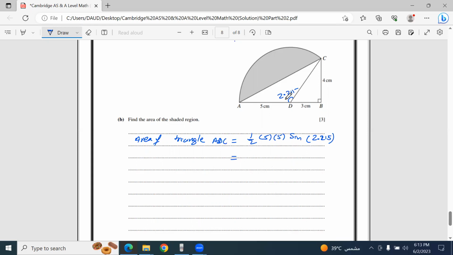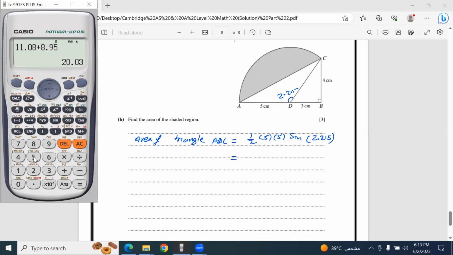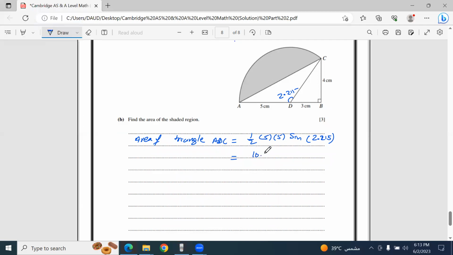Remember, we already found this angle in the previous part. Checking in the calculator, 25 multiplied by sine 2.215, divided by 2, gives me 9.99, which is 10.0.